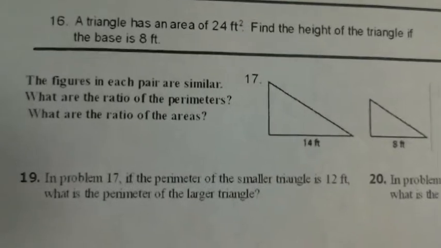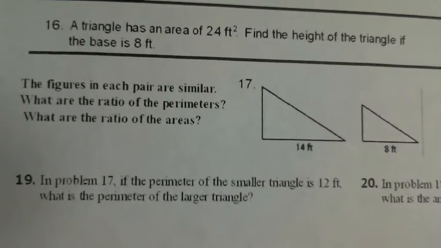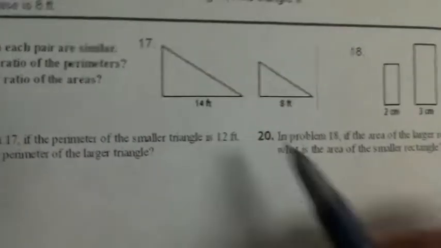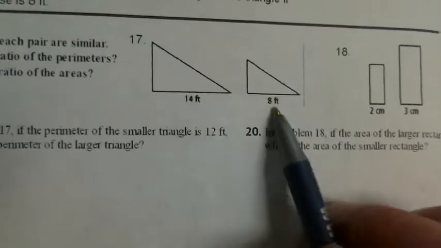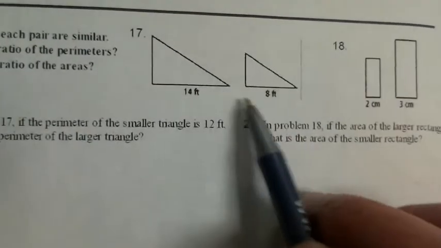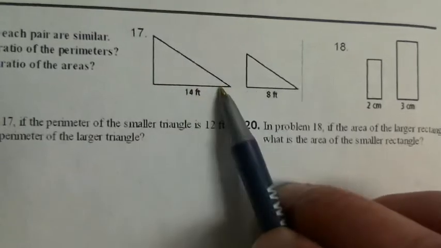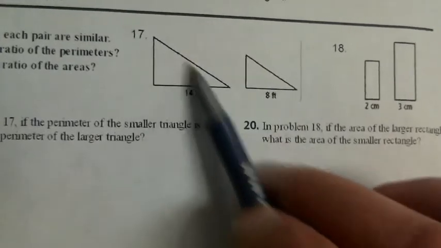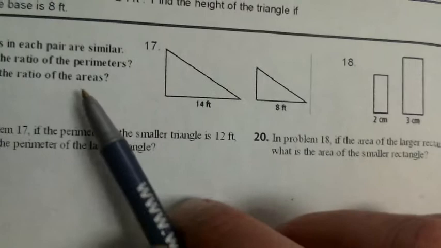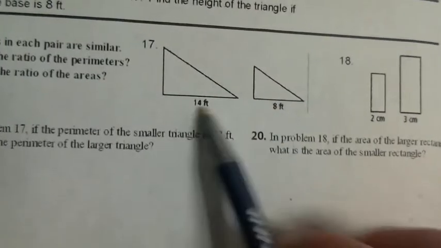Figures in each pair are similar. What are the ratios of the perimeters? What are the ratios of the areas? Well, perimeter ratio is one dimension, just all the way around. This and this are in a certain ratio. The perimeters are in the same ratio. The areas will be in the square of this ratio.